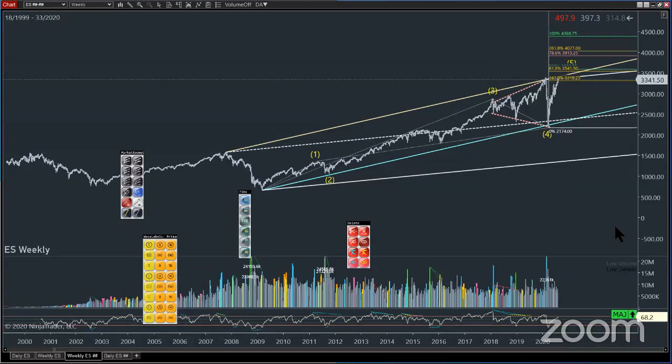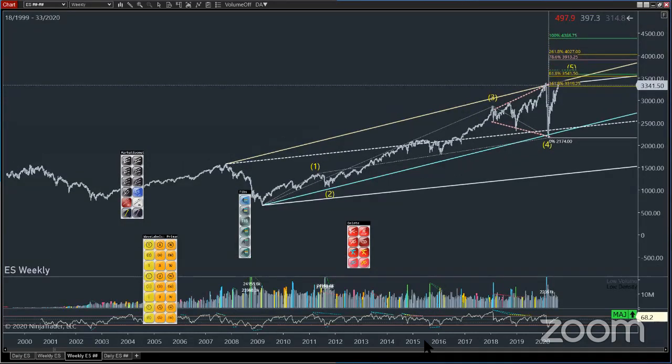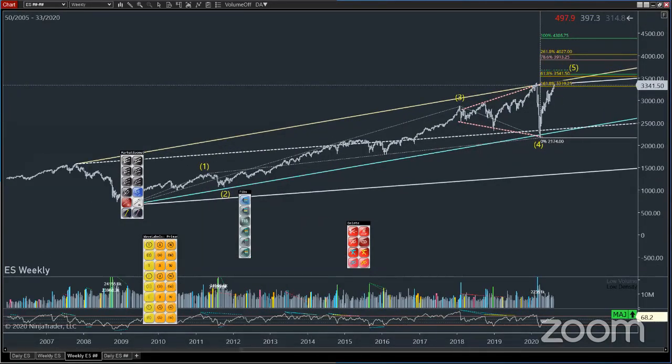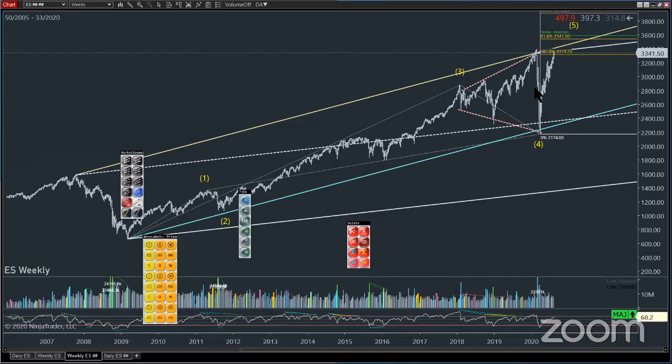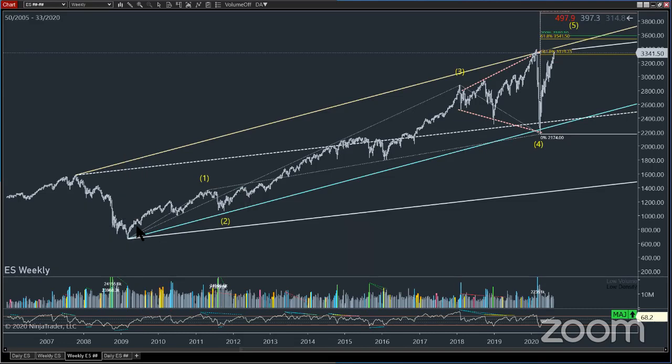Let me see if I can get a little bit better work out of this. Let's see. I'm going to say this is the dividing wave here.